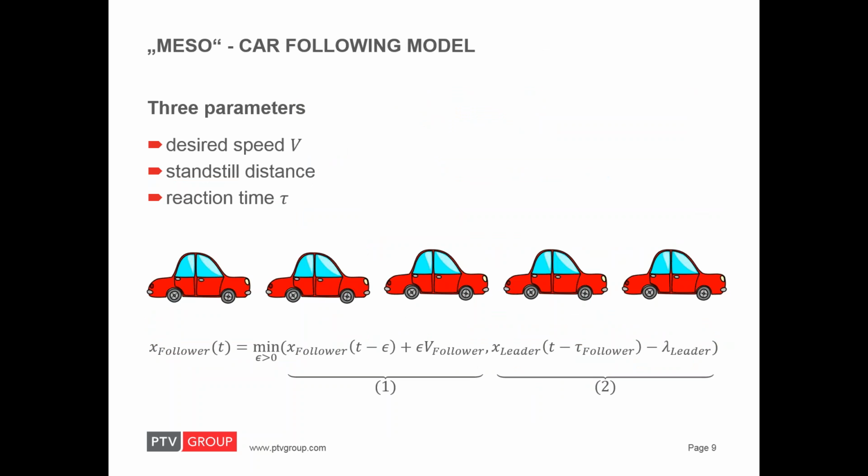The mesoscopic simulation uses a different car following model, which is much more simple than, for example, the models by Wiedemann. It requires only three parameters: the desired speed, the standstill distance between two vehicles, and the reaction time. For car following, we distinguish between two different states, which are shown in the formula at the bottom of the slide. The position of the vehicle is calculated as the minimum of these two possible states.